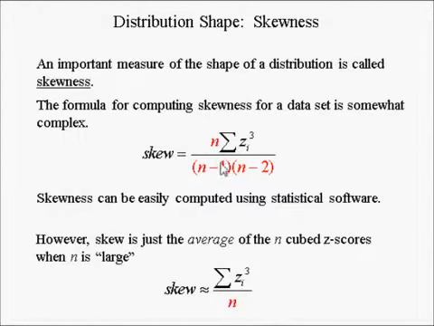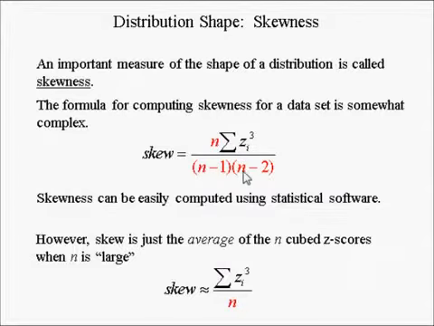Okay. So if the sample size is large, say the sample size is 1,000. This value here is 1,000. This value here is 999. This value here is 998. 1,000 is approximately equal to 999. So these two numbers here approximately equal 1.